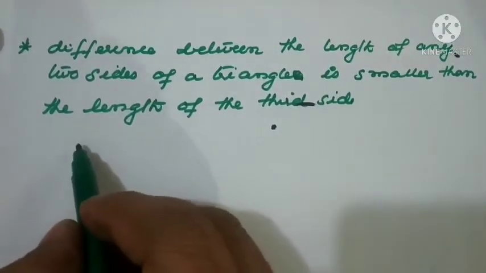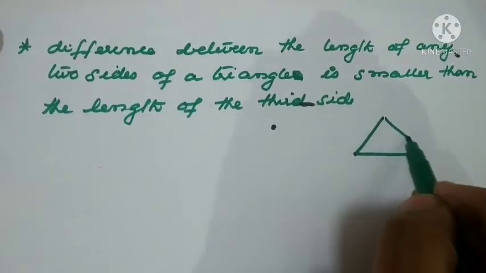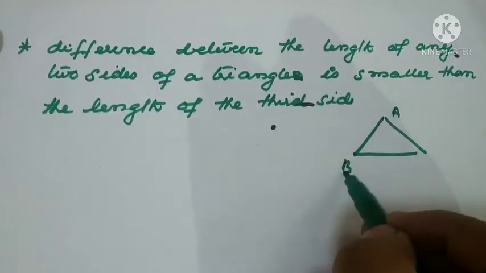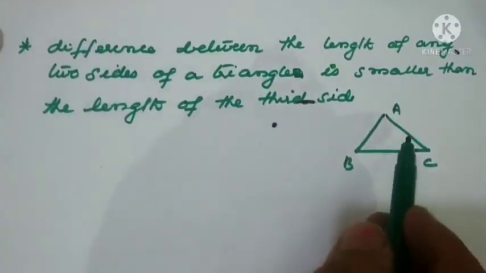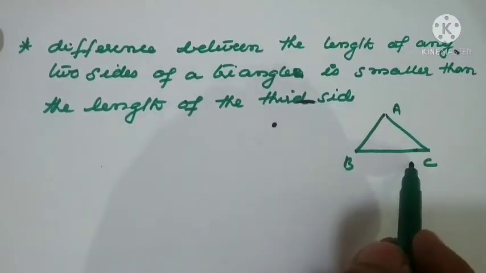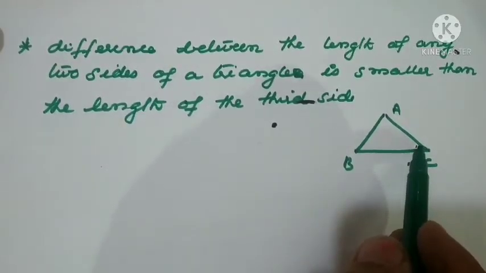Last time we wrote that when a triangle is given, AB plus BC is greater than the third side. Now when we take the difference, AB minus BC, following the rule of greater minus lower, AB minus BC is less than AC.